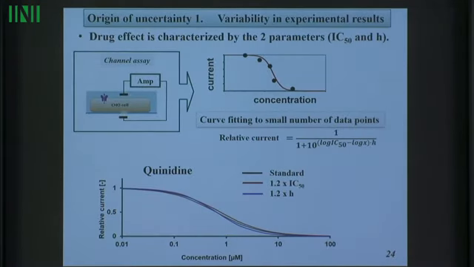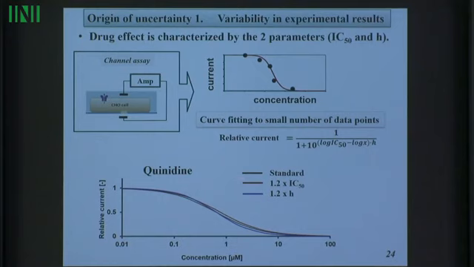First, one is uncertainty originated from experimental error. In our analysis, the pharmacological property is characterized by 2 parameters, namely IC50 and Hill coefficient. Those are obtained by fitting this curve to a very limited number of data points, so quite naturally we can expect variation of results.